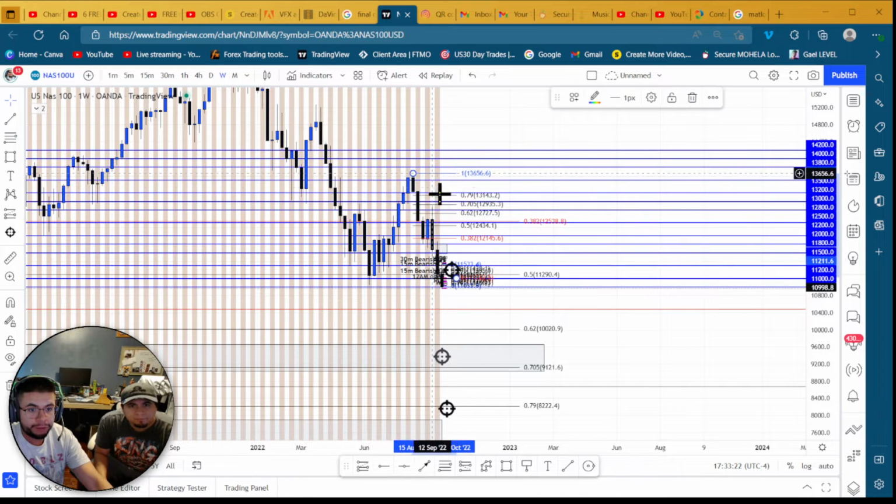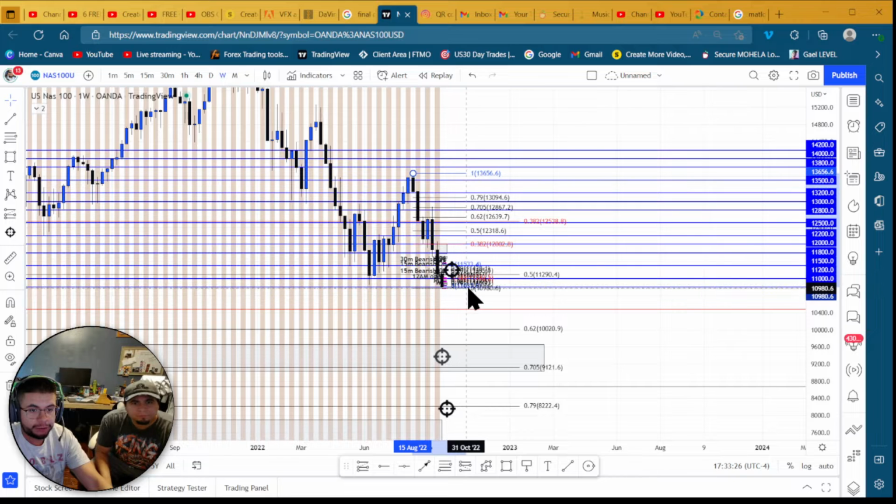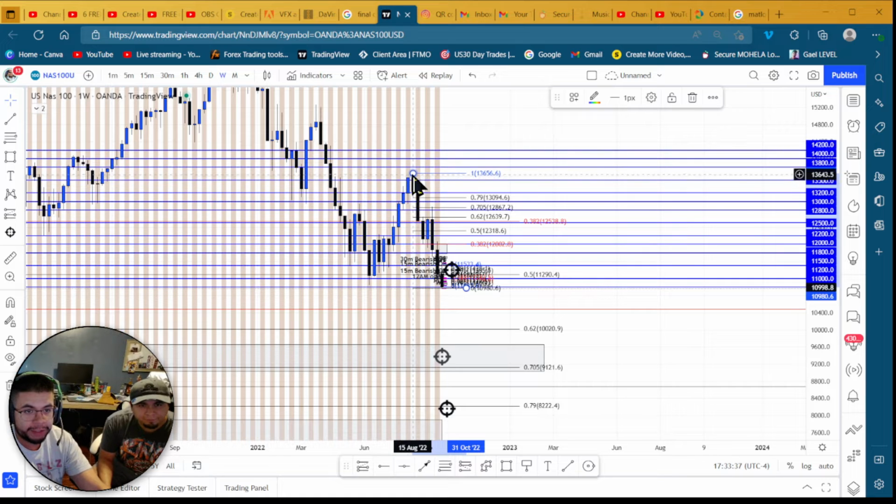We have this move right here where I thought it was gonna reject off of, but we're just gonna pull this fib down to this new low and see where price could retrace. Now I have it from this high to this low, but technically we could have it from this area right here as well, from this high to this low, because there was the downward move, then the expansion up for another downward move.